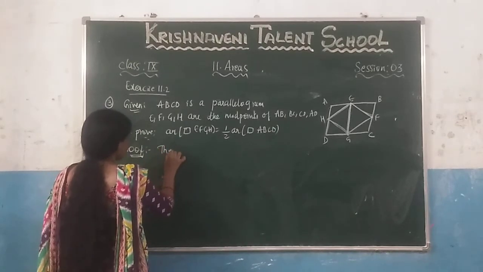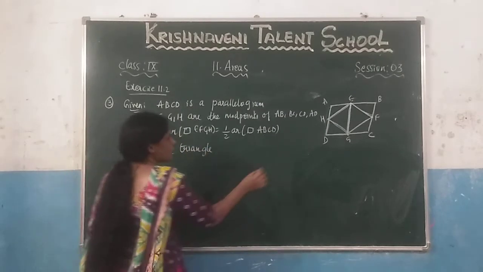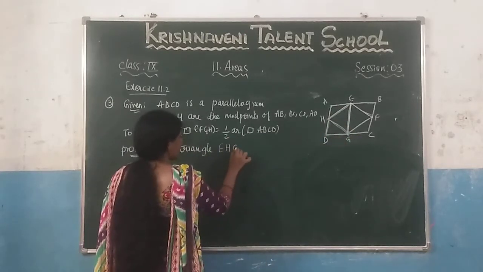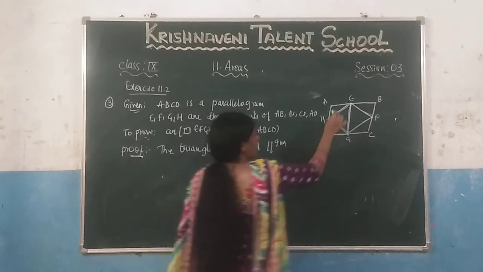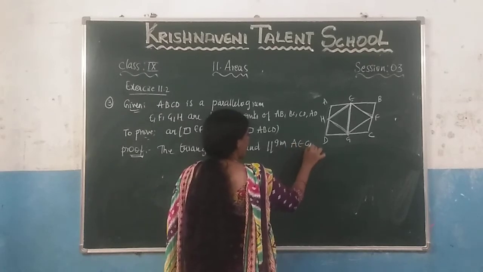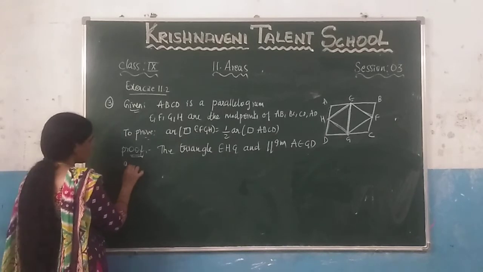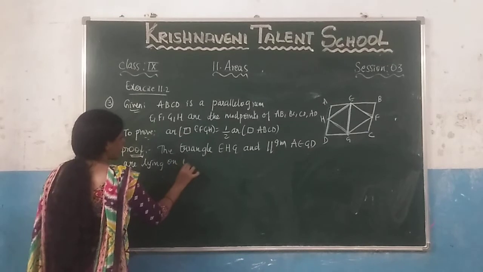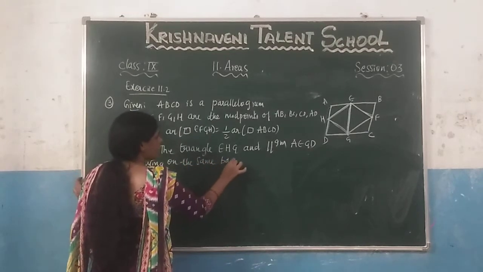The triangle EHG and the parallelogram AEDG are lying on the same base. What is that base?